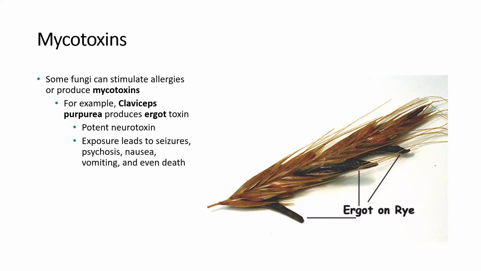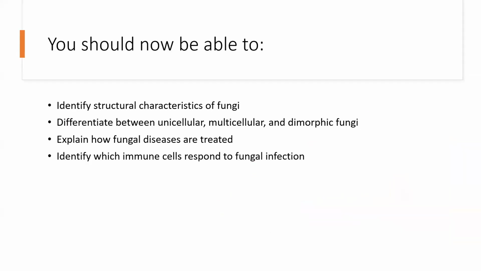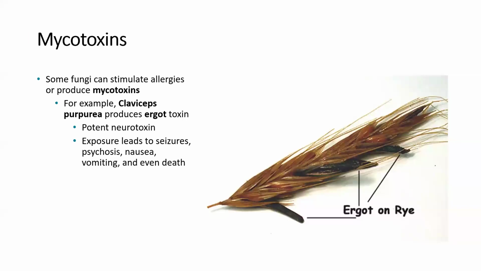This is one that you probably have heard of, at least to some extent, directly or indirectly, because the ergot toxin is one of the things that is thought to potentially have led to the Salem witch hunts, right? So you had these young women who potentially were poisoned by ergot toxin, which can be found on rye.